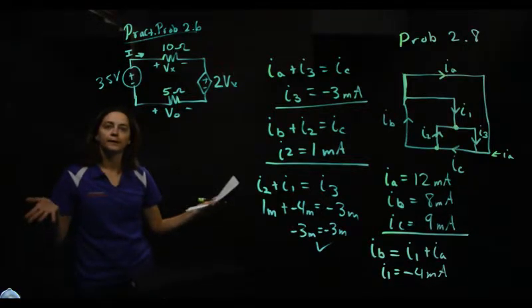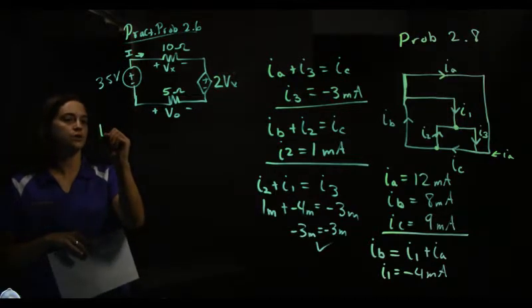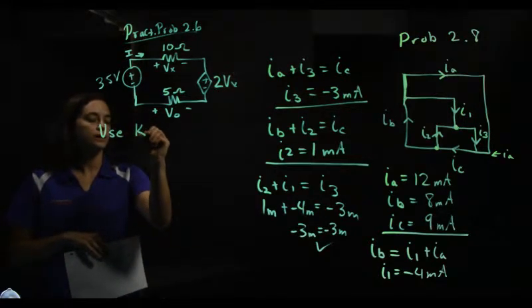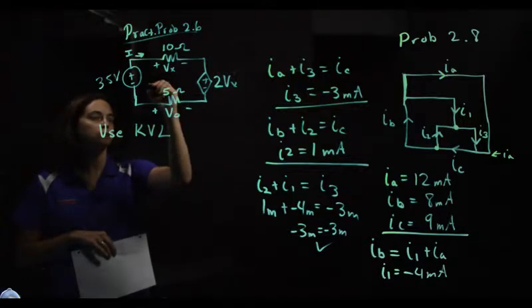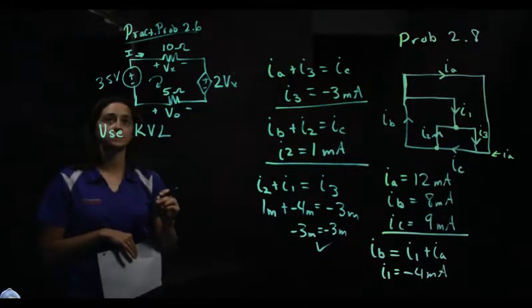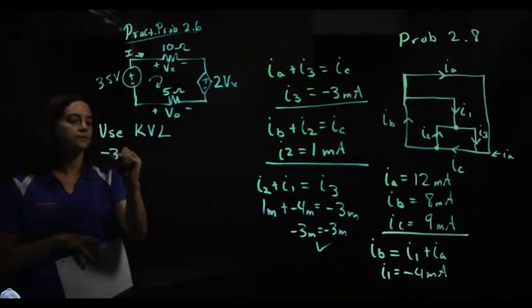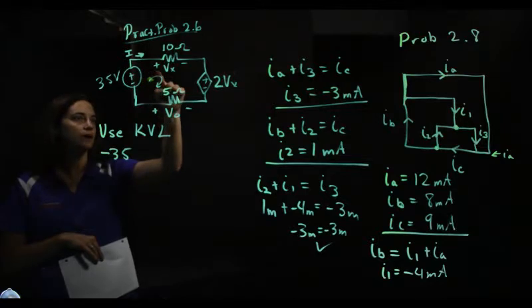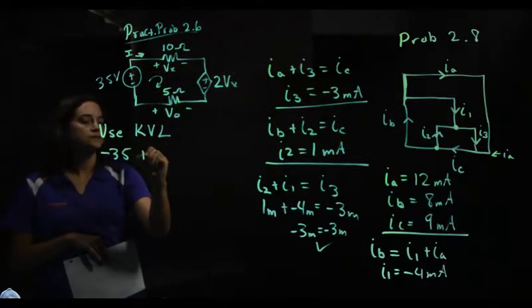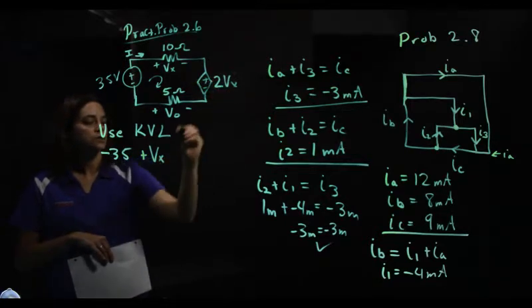Okay, well, what do we do? Let's start by writing KVL. So we're going to use Kirchhoff's voltage law. I'm going to go around the circle this way and write down all my voltages, and sum them to 0. I come to the minus sign first, so I have minus 35. I come to the plus Vx. Keep going, plus 2Vx.